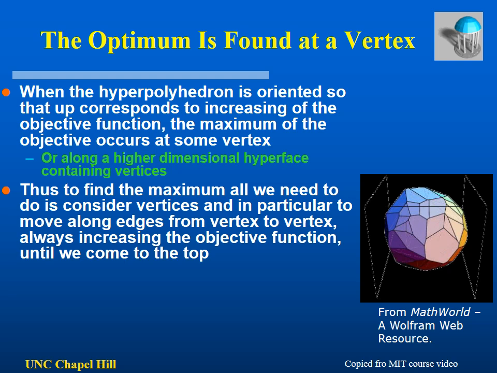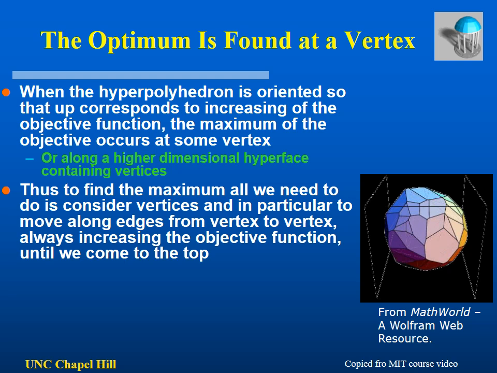That is to say, all the places on the face are places where the maximum occurs. But again, the face includes vertices. So in any case, there's always some vertex, sometimes multiple vertices, where the optimum is taken. And the result is that we don't need to consider any places but vertices to find the optimum.